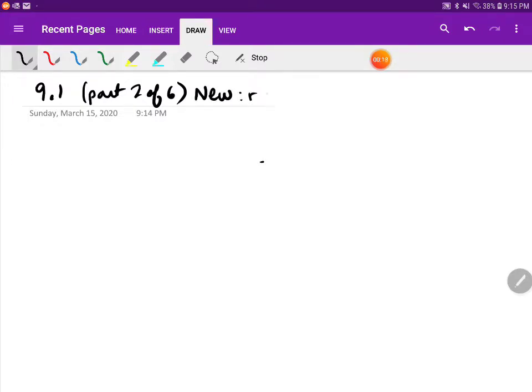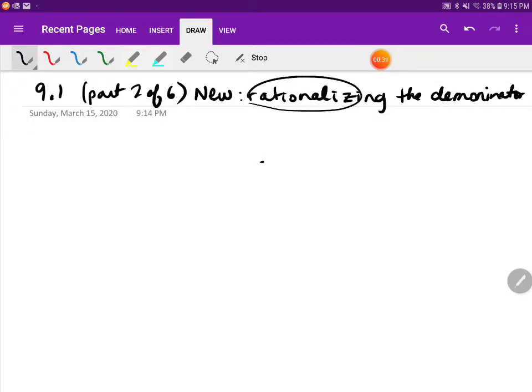And this is called rationalizing the denominator. Now, rationalizing means make it so there is no square root, specifically in this case in the denominator.